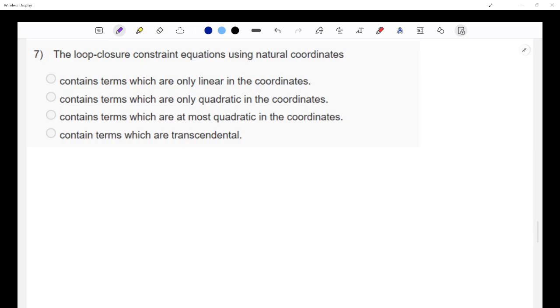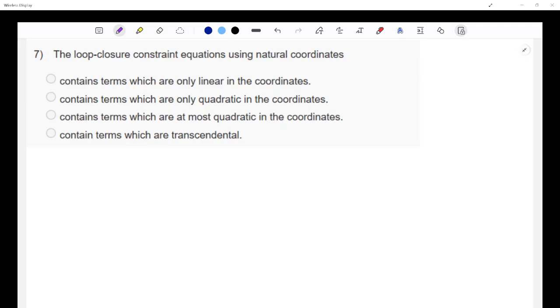The loop closure constraint equations using natural coordinates contain terms which are only linear in the coordinates, only quadratic in the coordinates, at most quadratic in the coordinates, or transcendental.